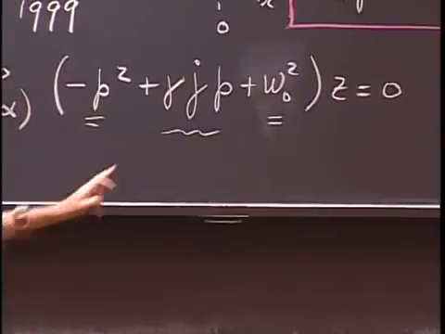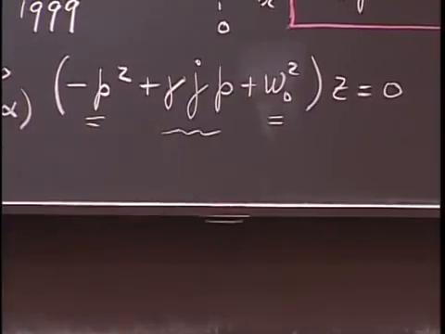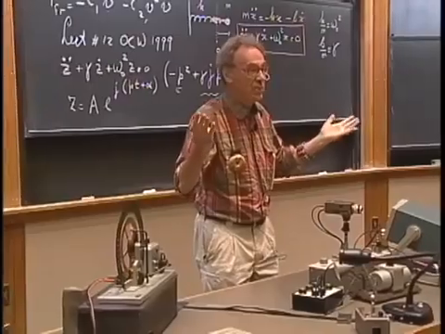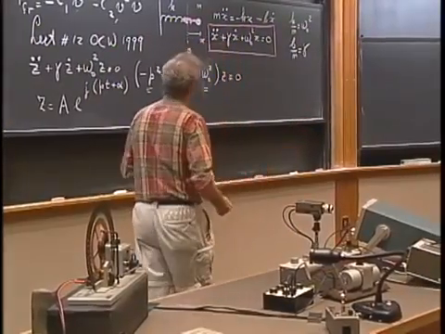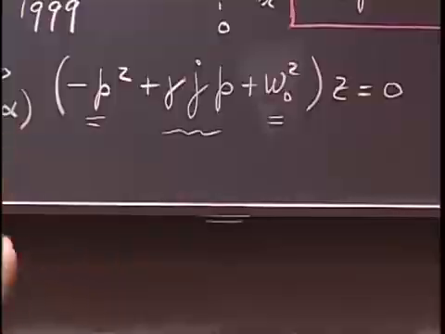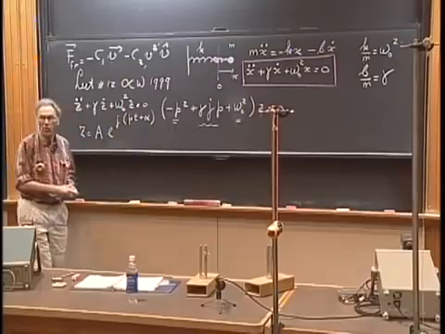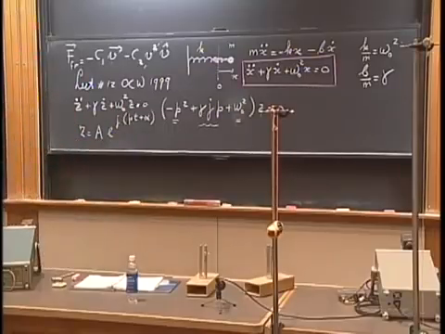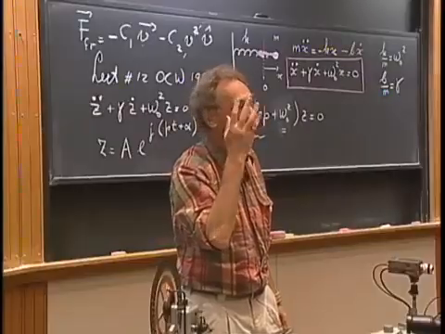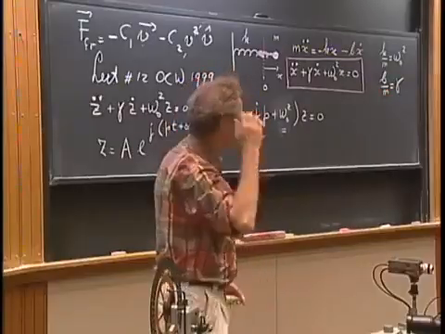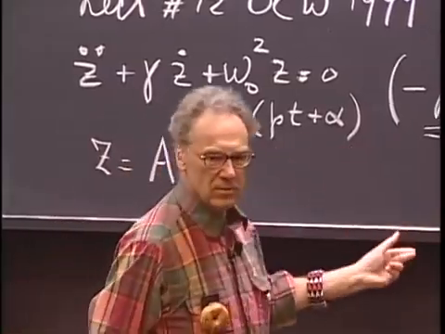Now, if you make gamma 0, you have no problem. There is no damping, so that's ridiculous. If you make p 0, then you no longer have any oscillation going on, because you smell that pt, that's going to be the oscillatory thing. So that's also unacceptable, and so this won't work.